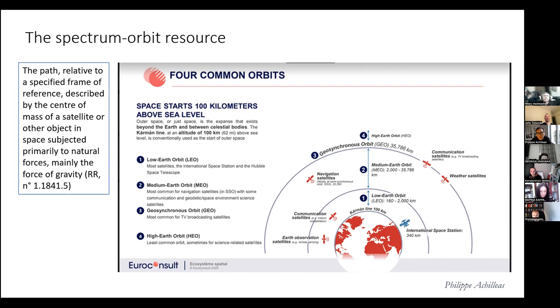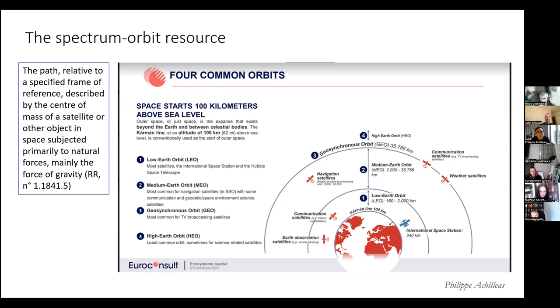The problem is that when you place a satellite at medium Earth orbit or low Earth orbit, they go faster than the Earth. So to have a permanent service, you need to launch several satellites that are orbiting together.